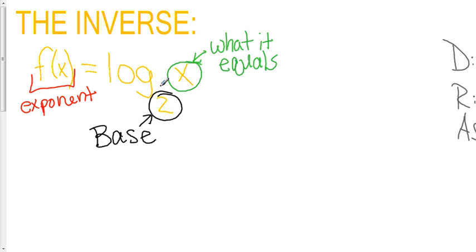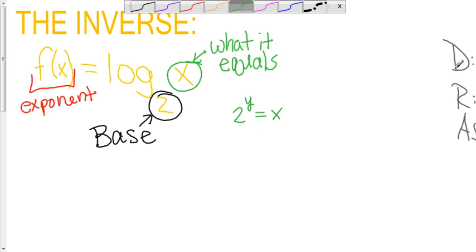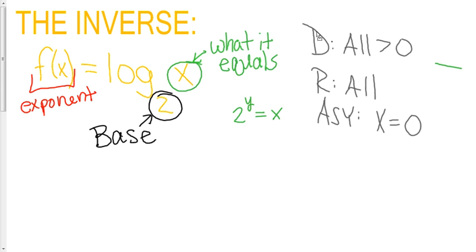So all this means is 2 to the y equals x, except usually you're trying to find out what the exponent is, so you have to use a logarithm to figure that out. And within the logarithm, as we just stated, the domain is all greater than 0, the range is all reals, and the asymptote is x equals 0.